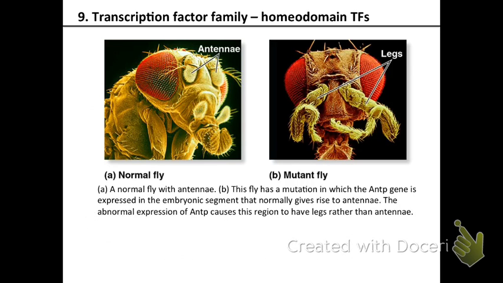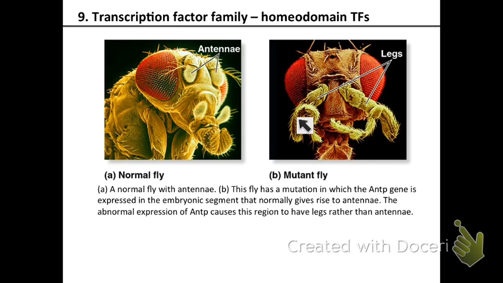And one of the most famous mutants that are typically used to look at mutations in homeodomain proteins is this guy here. It's the most famous fly in the world. So here's your normal fly looking pretty ugly, and then you have a mutant fly looking uglier because it has legs coming out of its head, right?